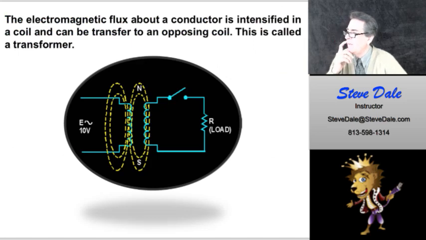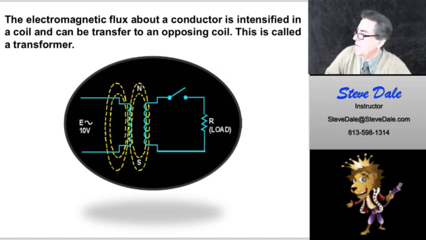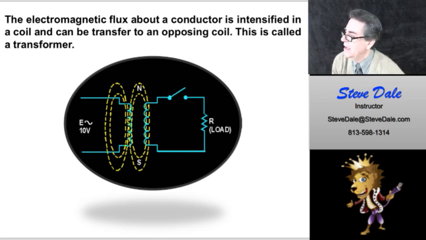So here's an example of a transformer, and you have a coil on one side and a coil on the other side, and you have alternating current flowing through that coil and inducing a magnetic field effect which transfers the electrons from one side to the other.